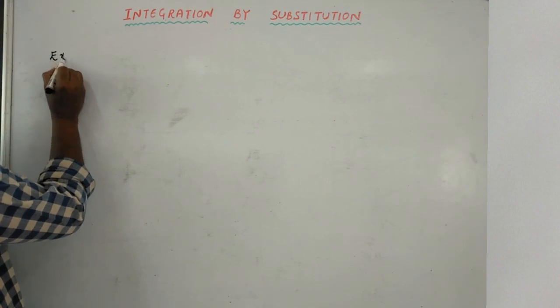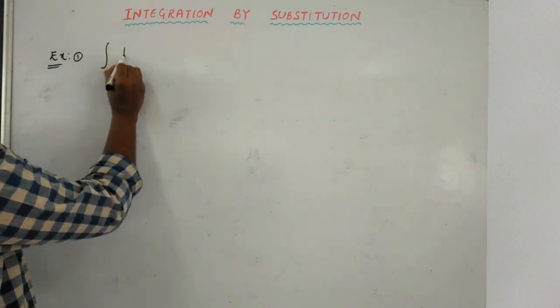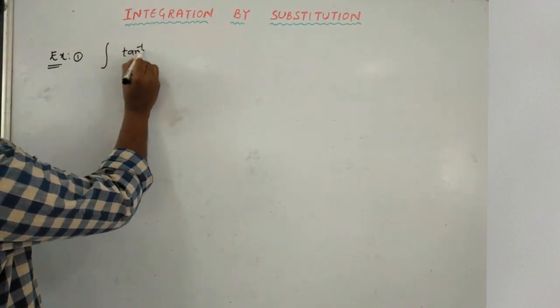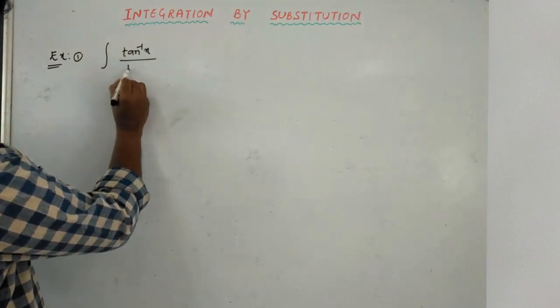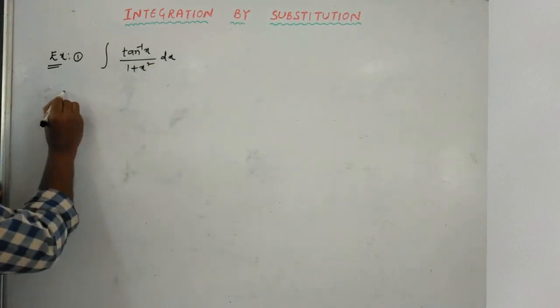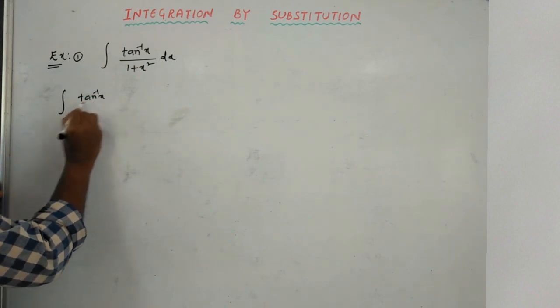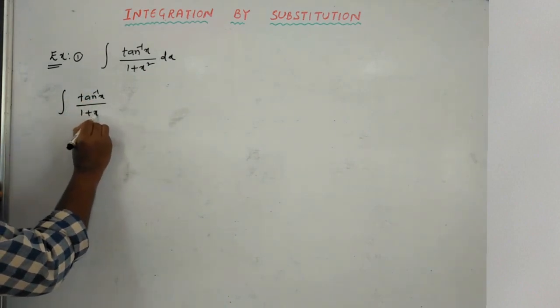The first one: what is the integral of tan inverse x divided by 1 plus x square dx?